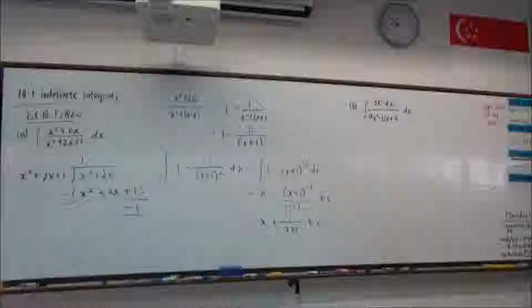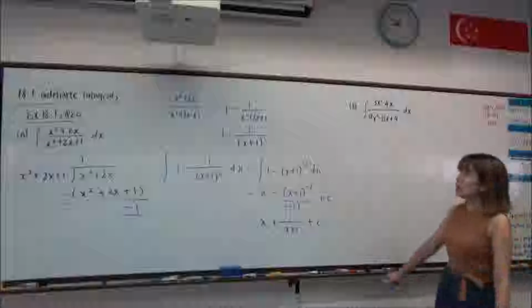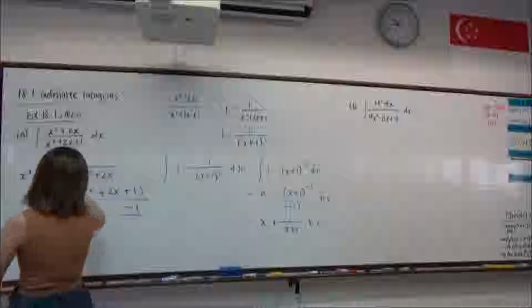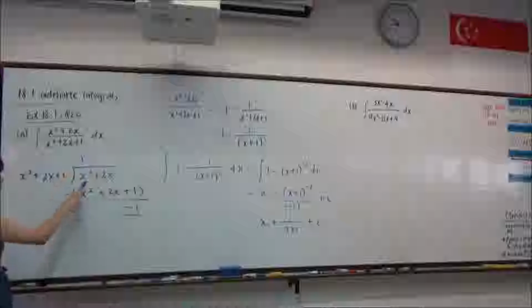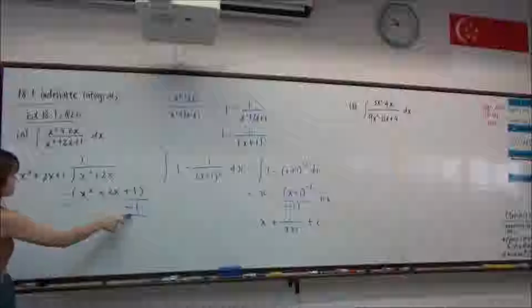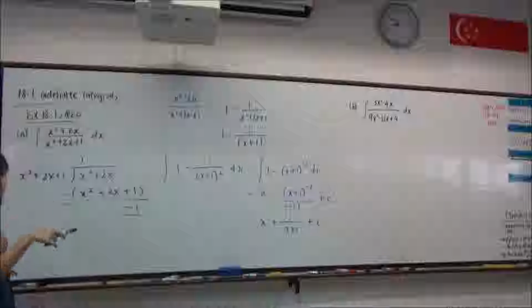I would definitely recommend that you always think about factorizing first before you explore partial fractions, because it is not always the case that partial fractions should be used. So do try to see if it could be simplified by using factorization first. How did I get this? You take this one, then plus this over this, the remainder over this, is your partial fraction.